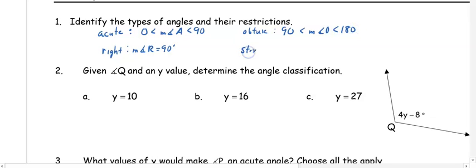And there are straight angles where the measure is always equal to 180 degrees.